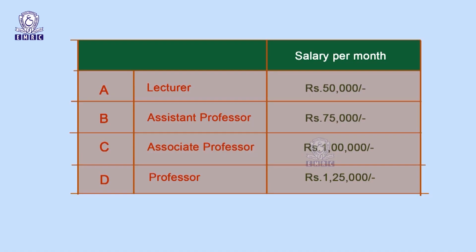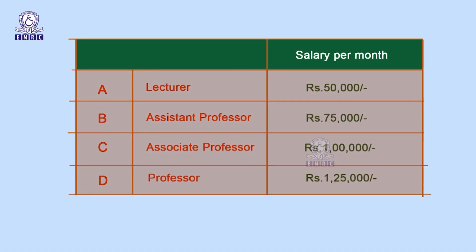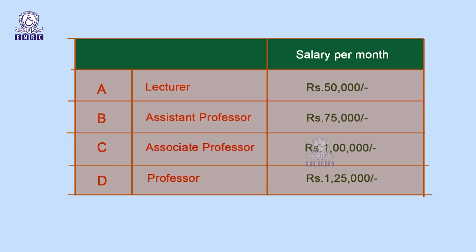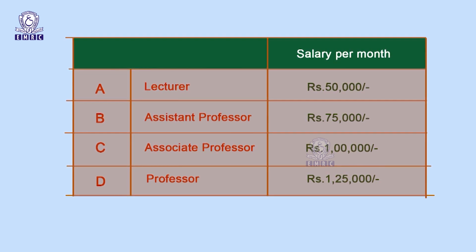For example, there are 4 teaching staff who are teaching sociology in Osmania University. A is the lecturer, assistant professor is coded as B, associate professor is coded as C, and D is the professor.